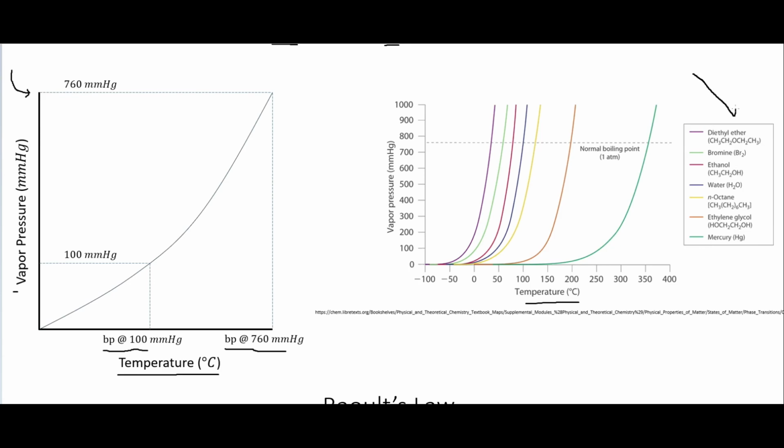We have things like diethyl ether, bromine, ethanol, water, octane, ethylene glycol, and mercury. And we can see what the vapor pressure of each of these goes to as we increase the temperature here. They will all have lines that look very similar to this, where as we increase the temperature, the vapor pressure will start shooting upward at sort of an exponential rate.